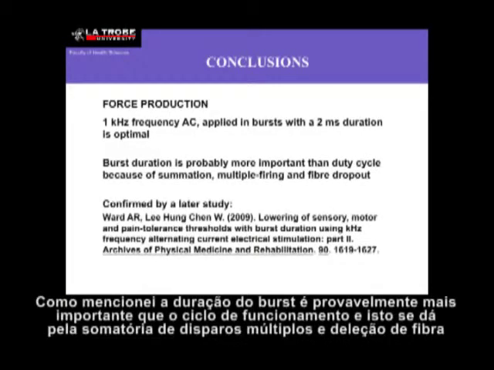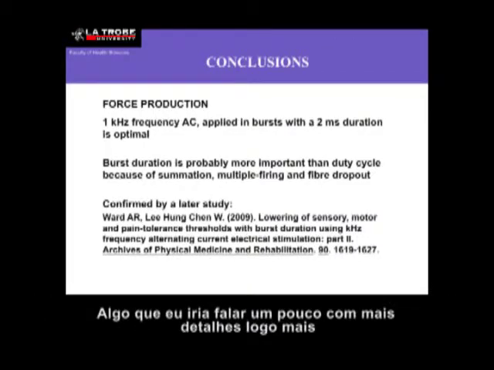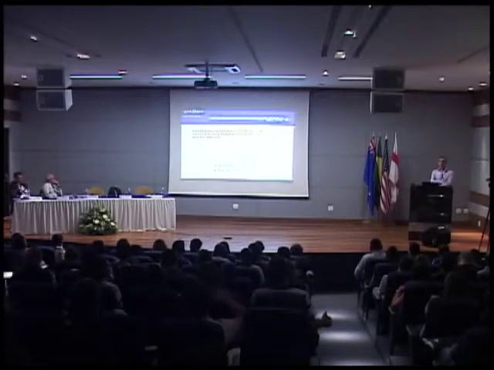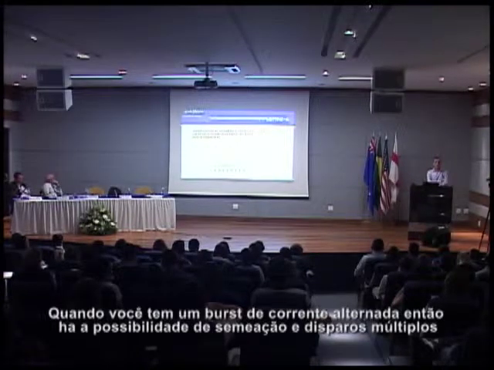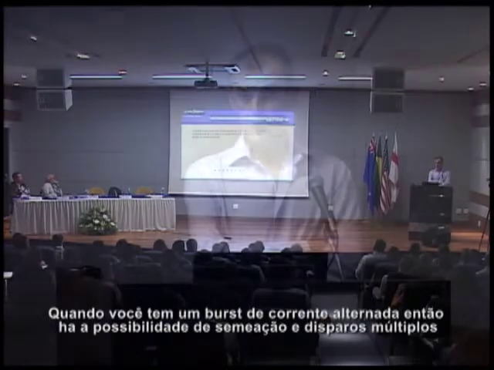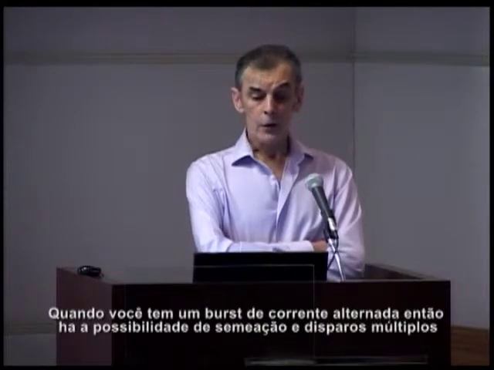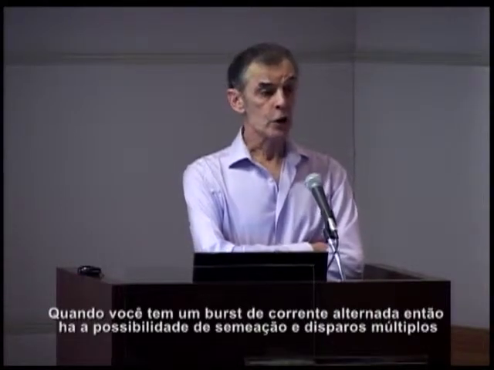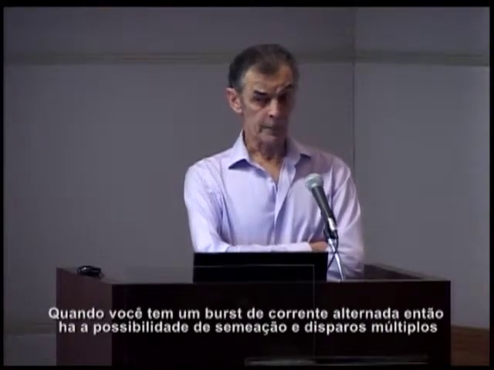As I mentioned, burst duration is probably more important than duty cycle, and that's because of summation, multiple firing, and fibre dropout, something I was going to say a little bit more about very soon. When you've got a burst of alternating current, there's the possibility of summation and multiple firing.